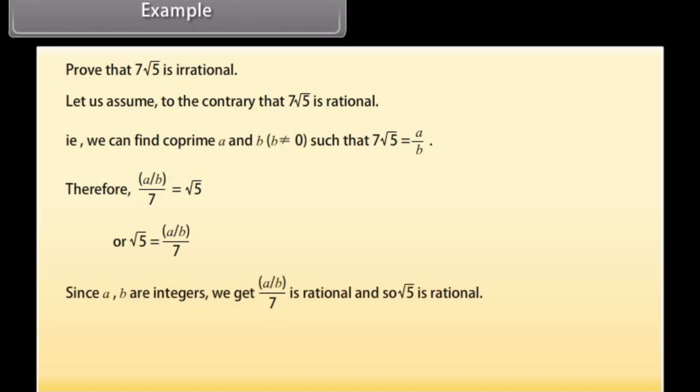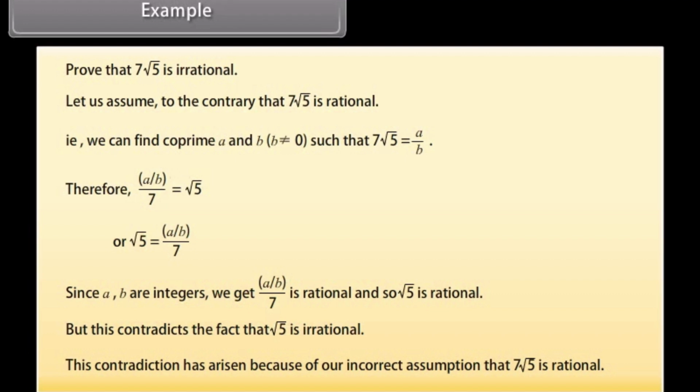Since a and b are integers, a upon 7b is rational, and so square root 5 is rational. But this contradicts the fact that square root 5 is irrational. This contradiction has arisen because of our incorrect assumption that 7 square root 5 is rational.